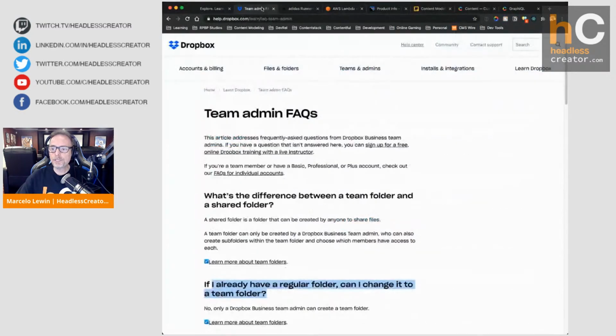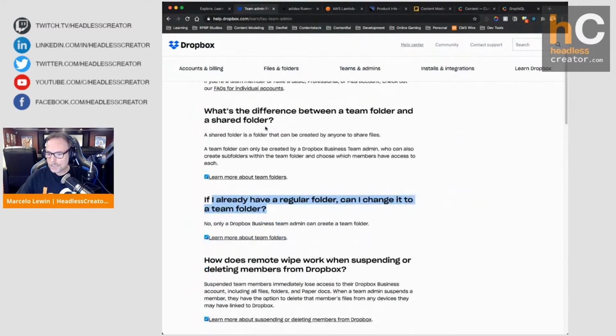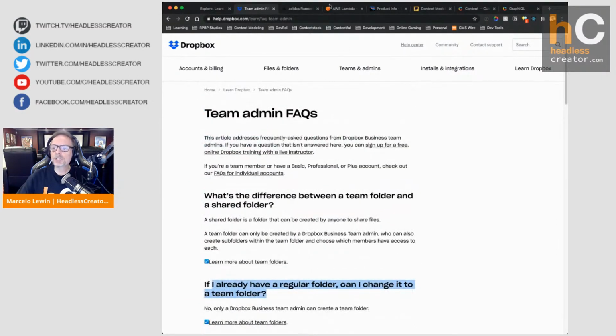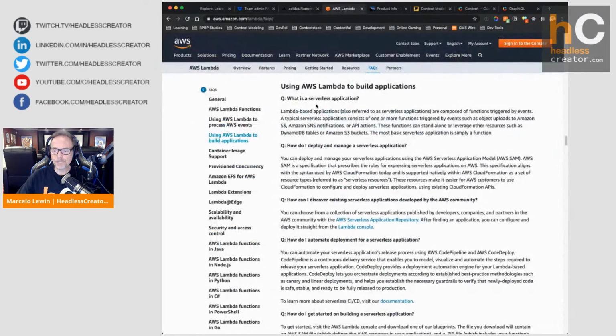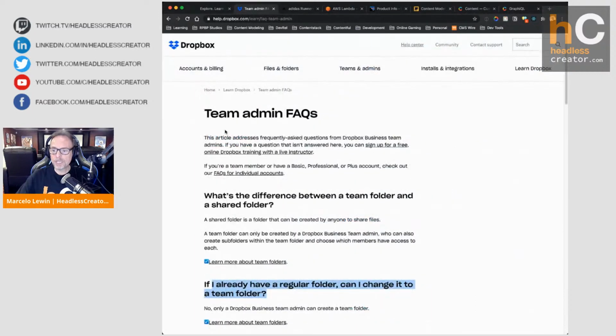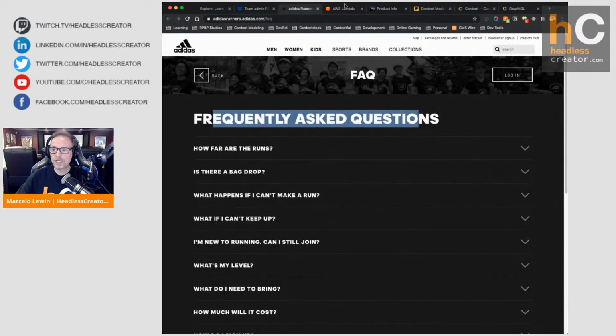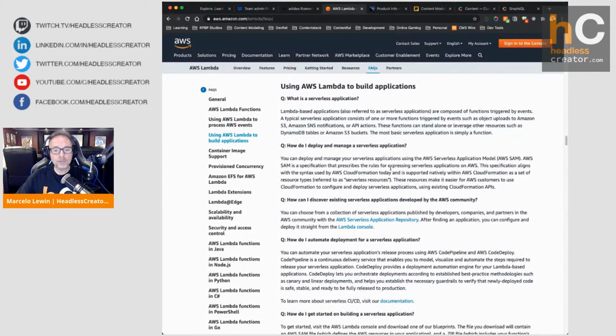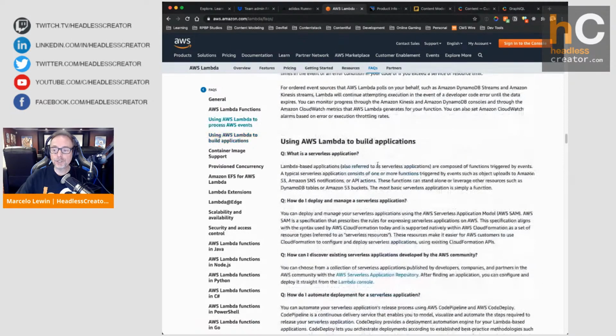Is it similar to Dropbox? No, Dropbox doesn't do categories. But Dropbox has a name and then question and answer. Adidas has a name, question, and answer. AWS just expands a little more by adding categories. In other words, grouping certain questions into a subject area within that same FAQ.